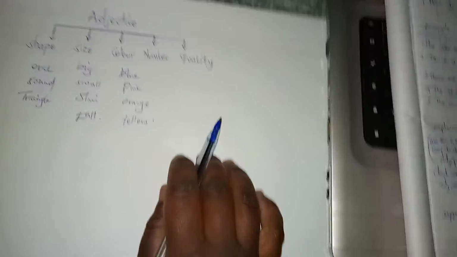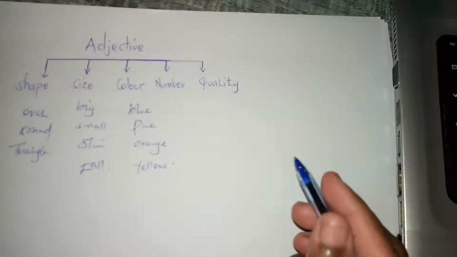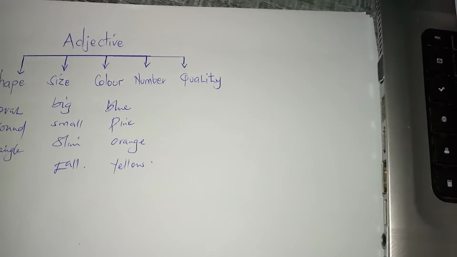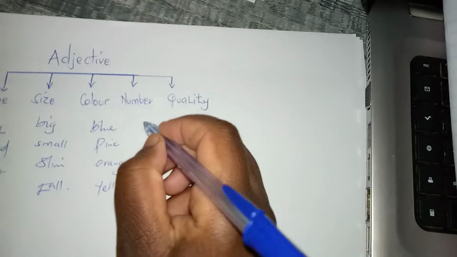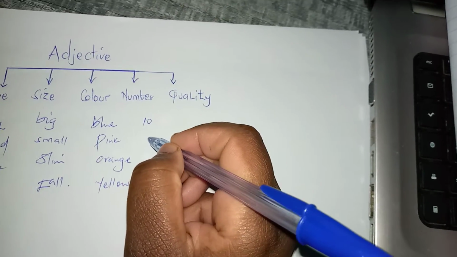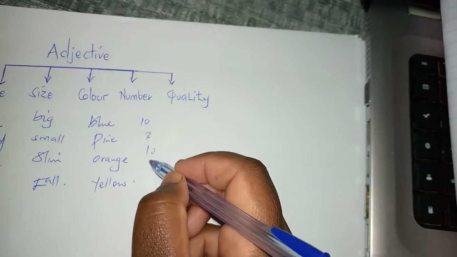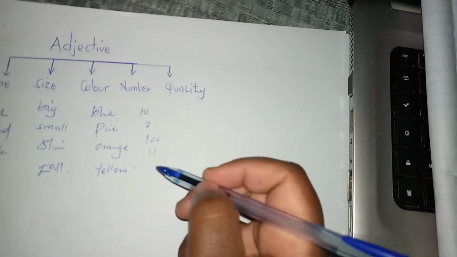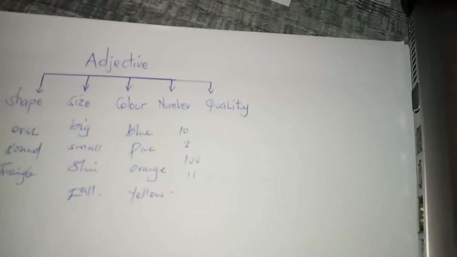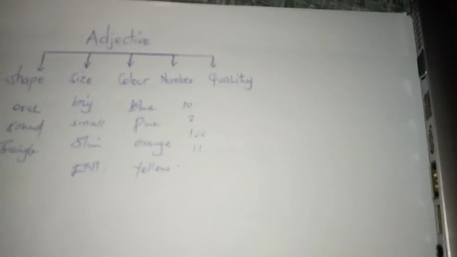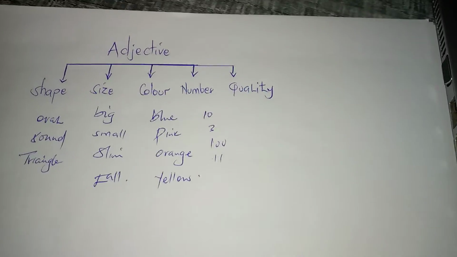Adjectives also tell us about number of something, number of people, number of things, number of animals. So you can say 3, 10, 11, 100, like number. How many people are here? There are 11 people here.